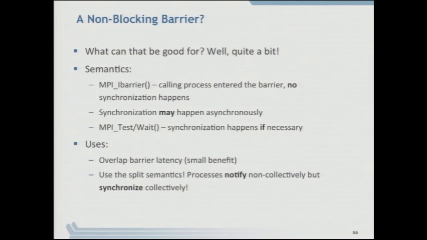And then when you really need to know that everyone has reached the barrier, you call your MPI wait. The barrier semantics will be enforced at the MPI wait. So the wait will not come out until everyone has reached their non-blocking barrier.